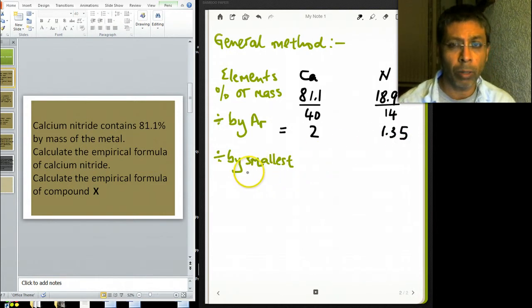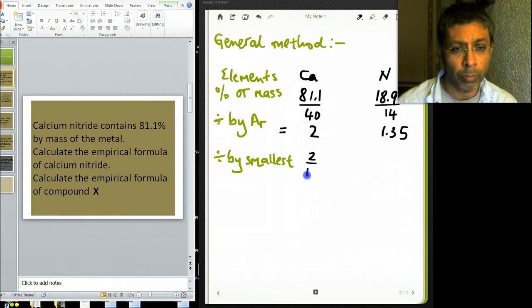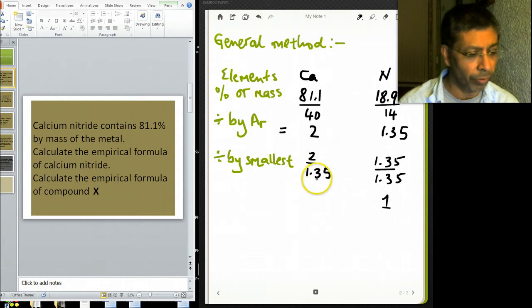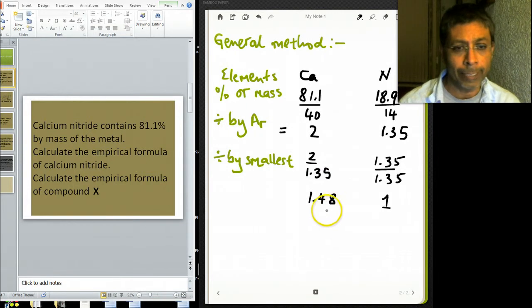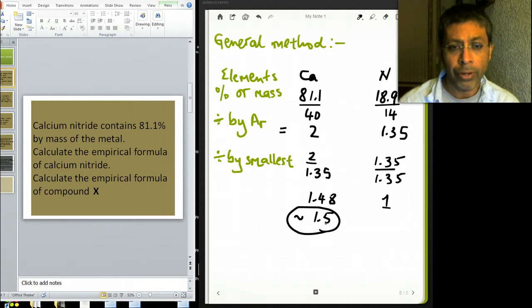And now you come to the last part, which is divide by the smallest of the 2 values. Smallest of the 2 values is 1.35, so 2 divided by 1.35, and 1.35 divided by 1.35, that is obviously 1, and that divided by 1.35 is 1.48. Now this is approximately 1.5. When you get 0.5, 1.5, 2.5, 3.5, etc., then you can't round up and you can't round down.